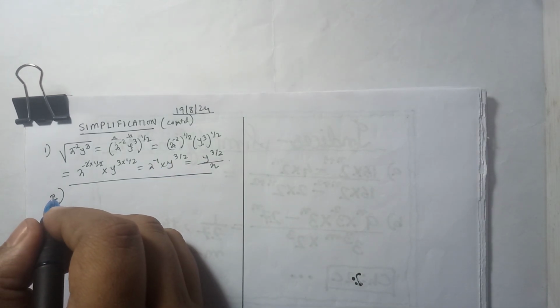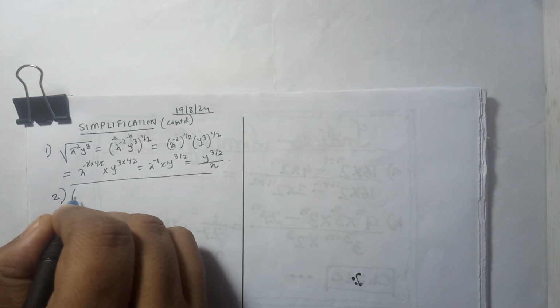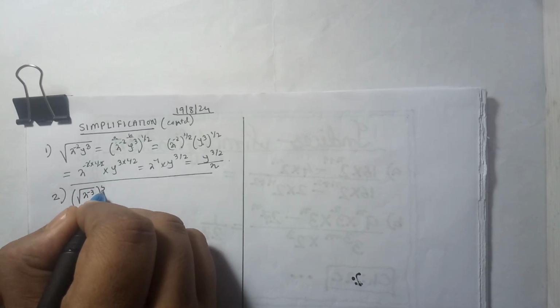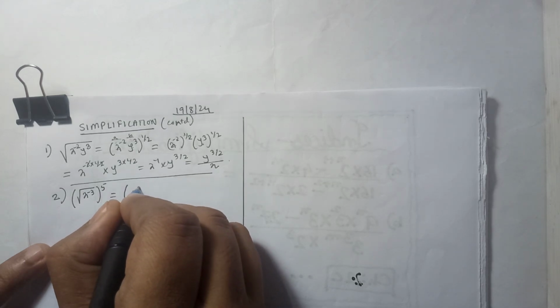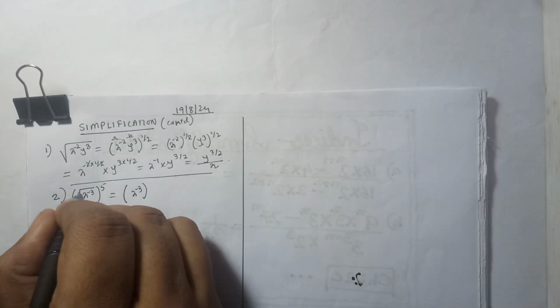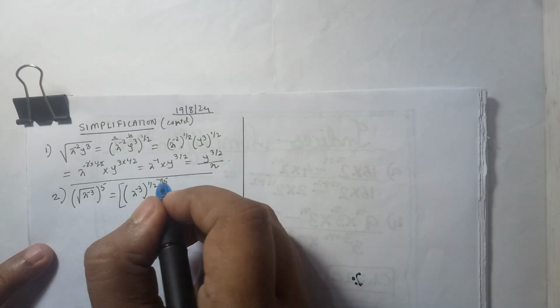2. 2 is square root of x to the power minus 3, to the power of 5. So this will give you x to the power minus 3. This is square root, nth root is half, to the power of 5.